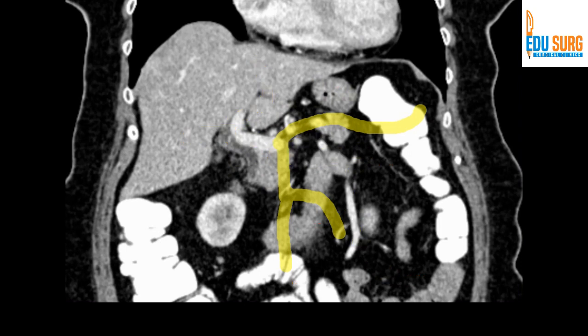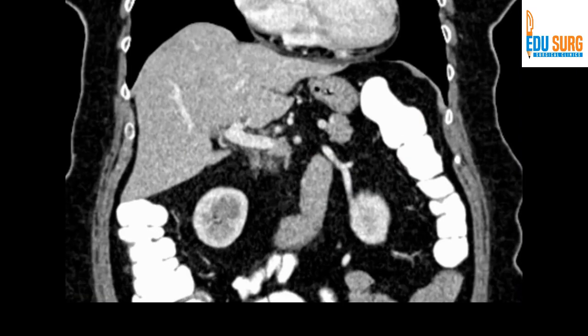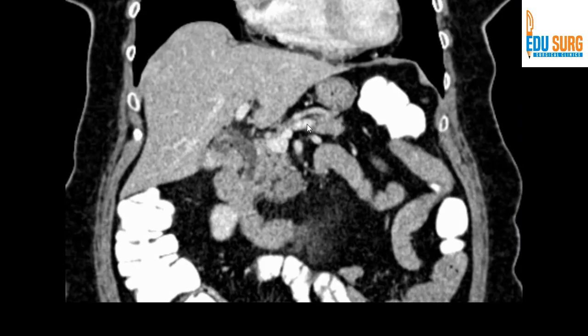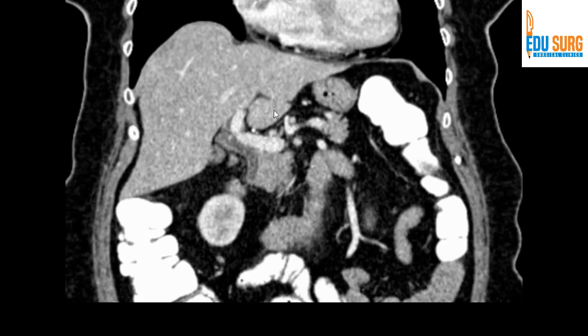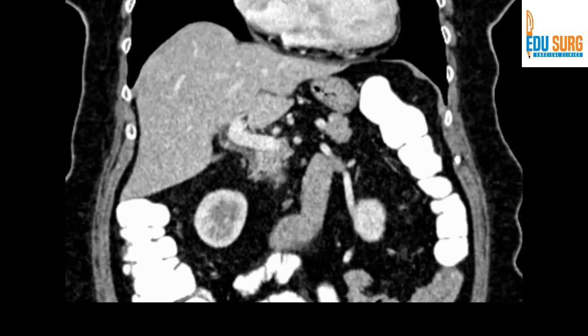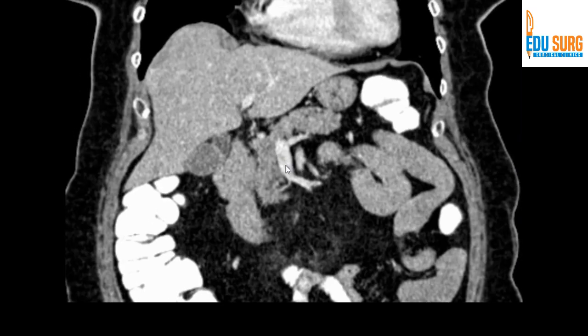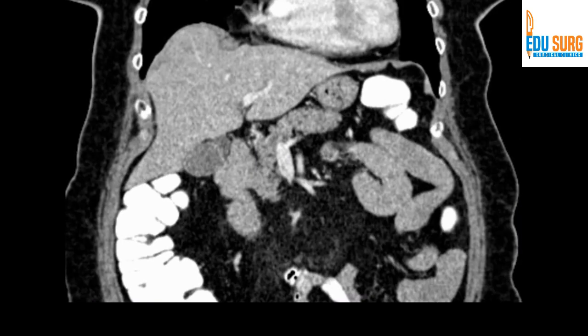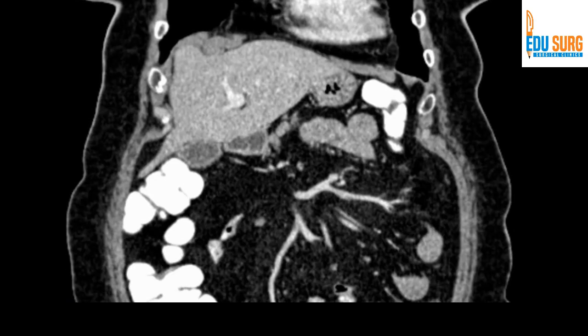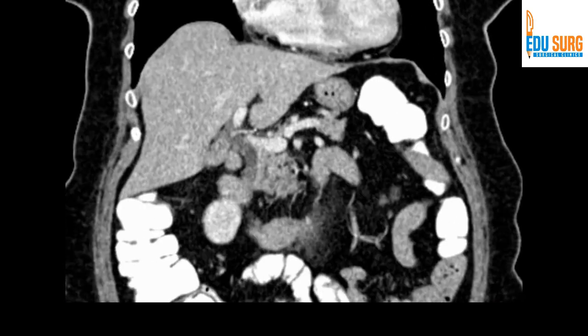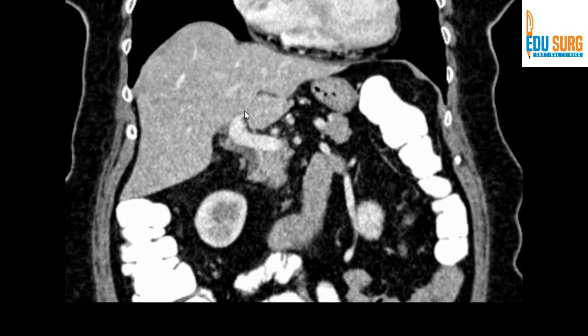Now I will just move the console a bit so that you can review the anatomy. So splenic vein, inferior mesenteric vein, left gastric vein, superior mesenteric vein with jejunal branch and ileal branch, portal vein which divides into left and right.